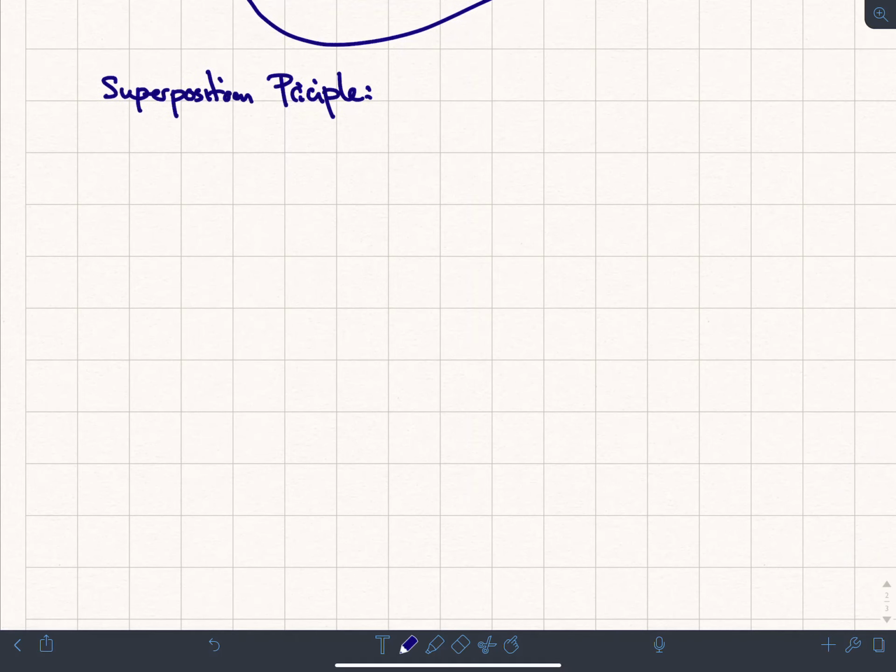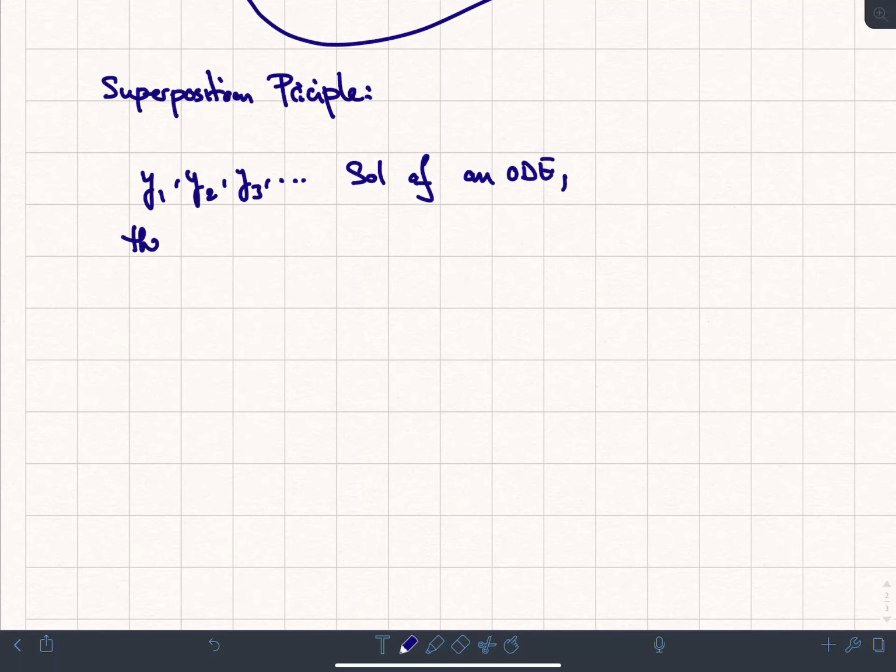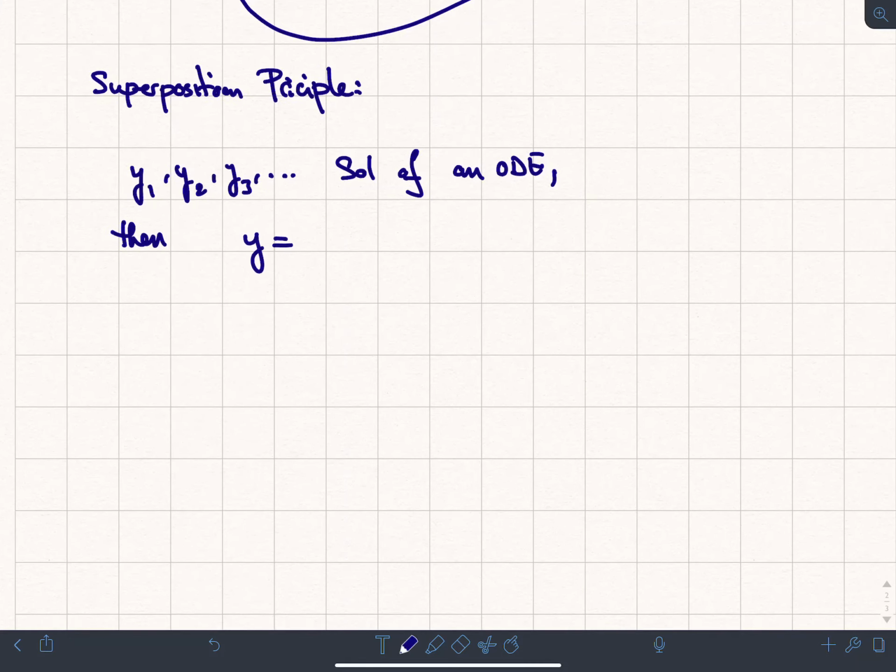Superposition principle basically says if the set of solutions y1, y2, y3, and so on happen to be solutions of a homogeneous linear nth order differential equation, then the superposition principle says that their linear combination will also be a solution.